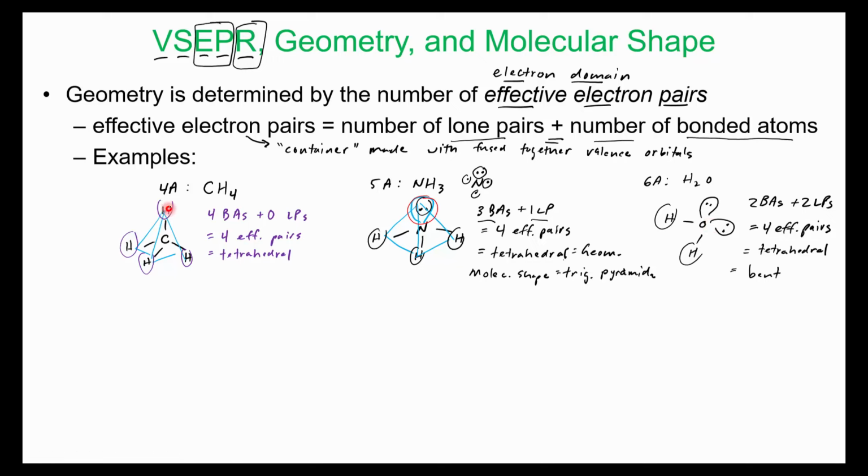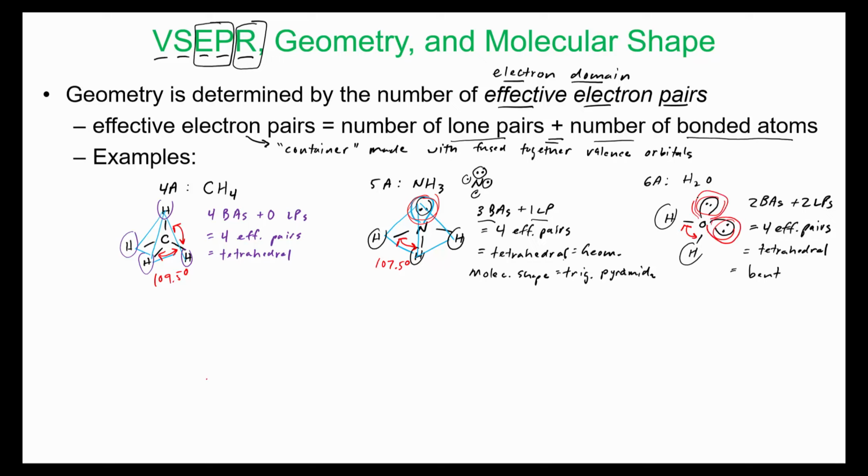On this one where there are no lone pairs, the bond angle is going to be 109.5 between all these atoms. Because of the presence of this lone pair, it squishes this a little bit smaller than that, so this one's going to be 107.5. And water has two lone pairs, so it squishes the angle even more because these need to take up more space.